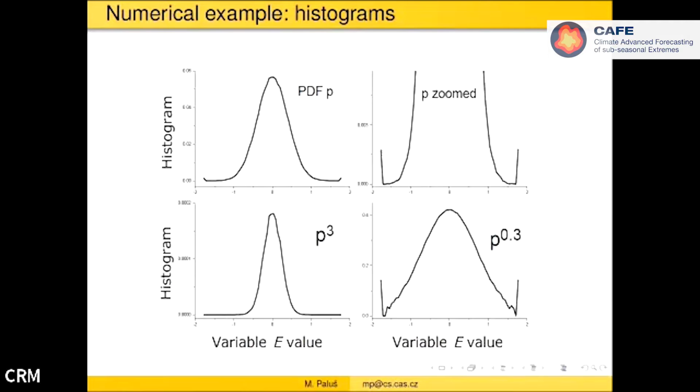Now if we take this probability distribution to the power of 3, we can see that an exponent larger than 1 makes stronger the probability distribution around the mean, while if we take the power 0.3, then the tails are amplified.